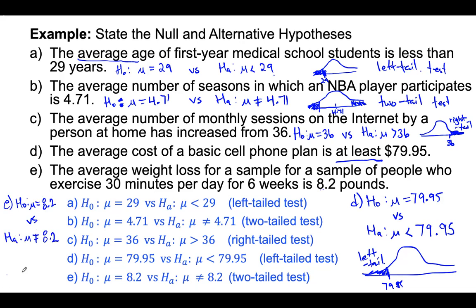Then we can quickly draw a little sketch. This is 8.2. We want to know if it's different out here. And this is two tails, because there are two tails here.